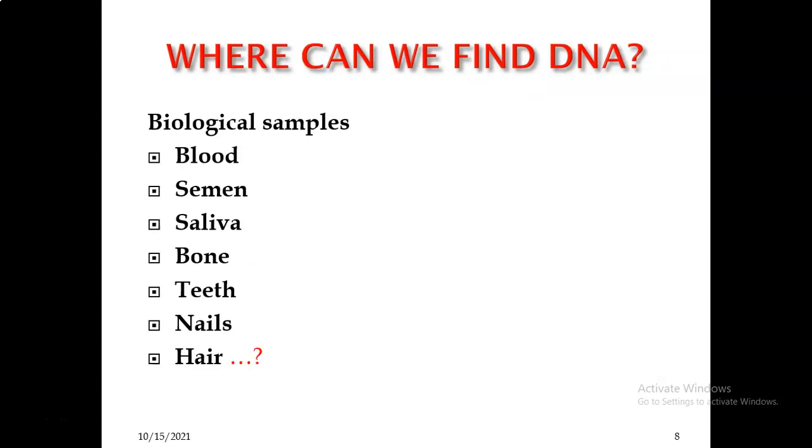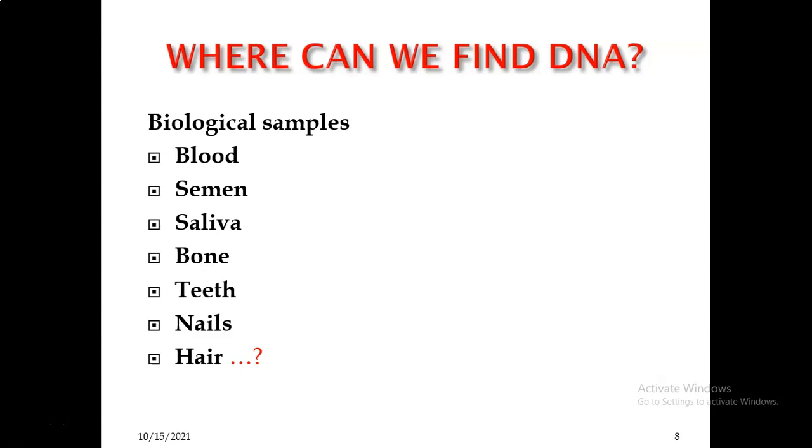Where can we find DNA? We can find DNA in almost every biological sample: blood, semen, saliva, bone, teeth, nails, be it fingernails or toenails, and hair.